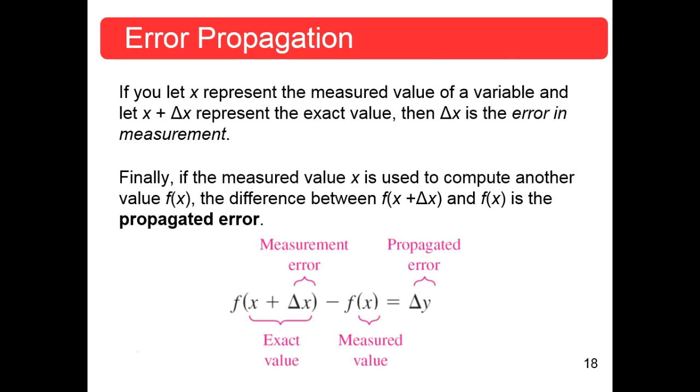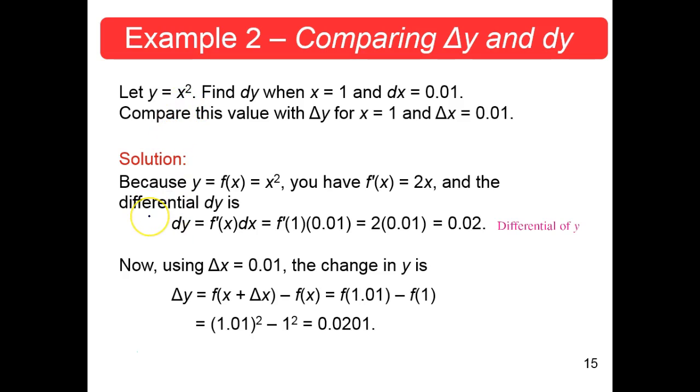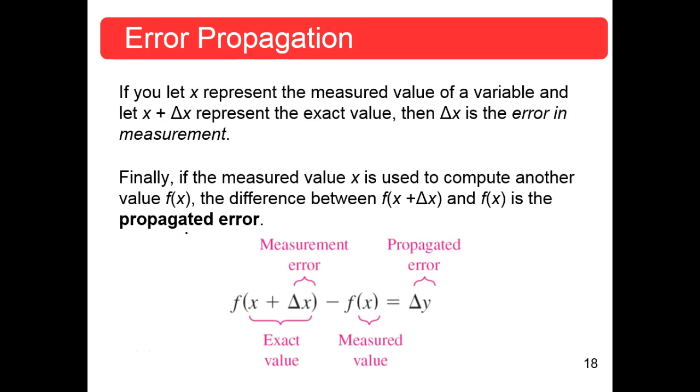Well, let's go back here. Your estimated error would be this: dy is equal to f prime dx. That is your estimated error now. Your V is equal to 4/3 pi r cubed.